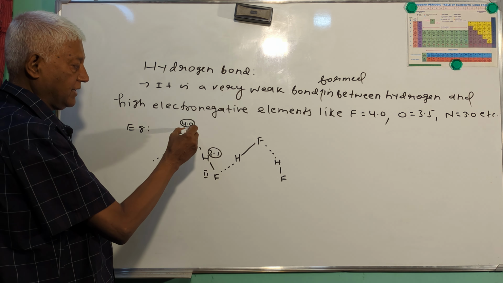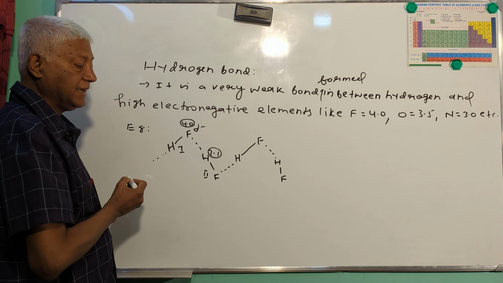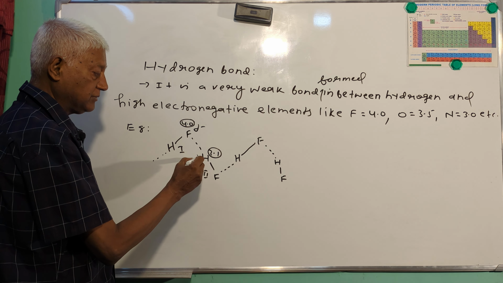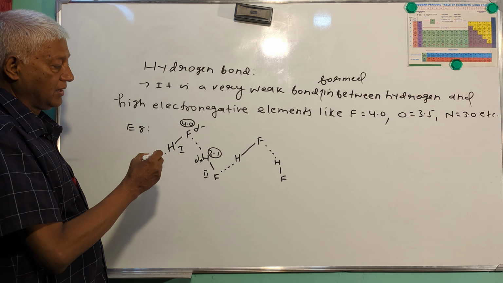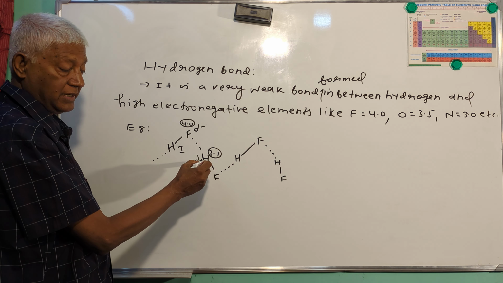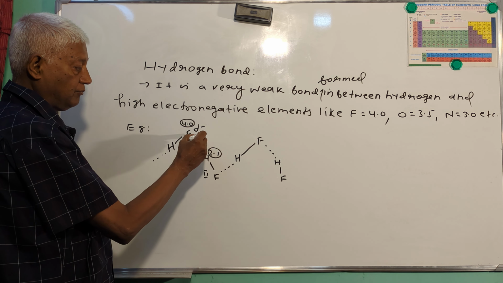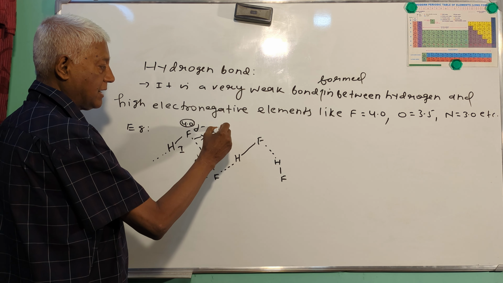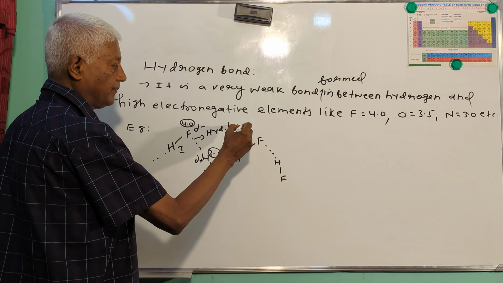So what happens over here? Fluorine develops slightly negative charge, H develops slightly positive charge. Slightly means partially. And the bond formed in between fluorine atom and hydrogen atom, this weak bond is known as hydrogen bond.